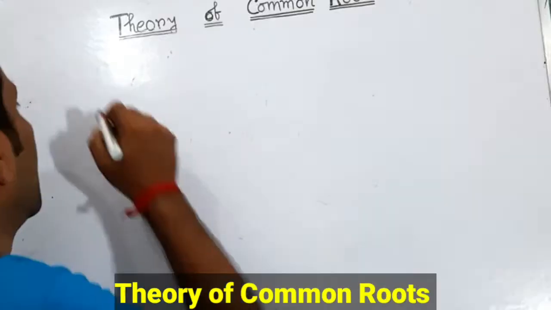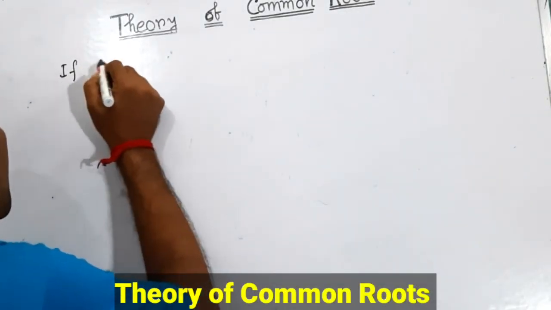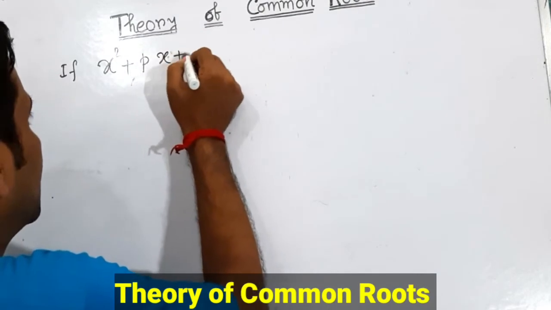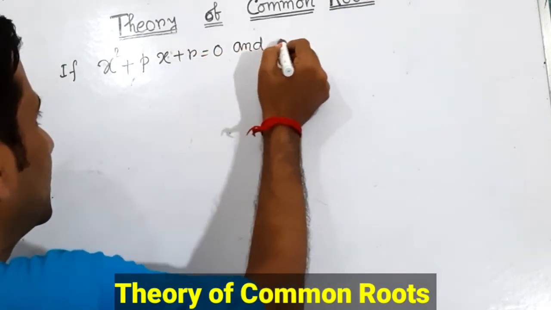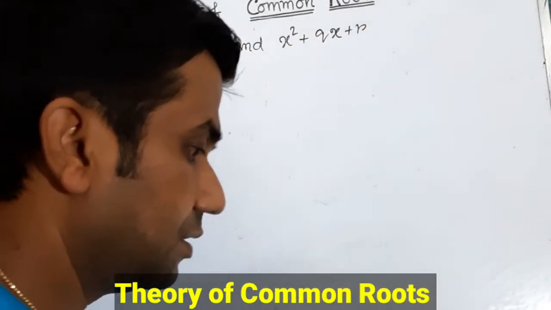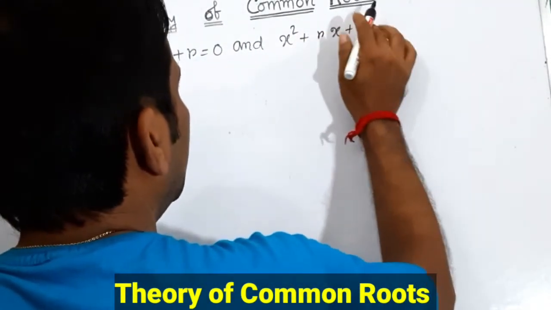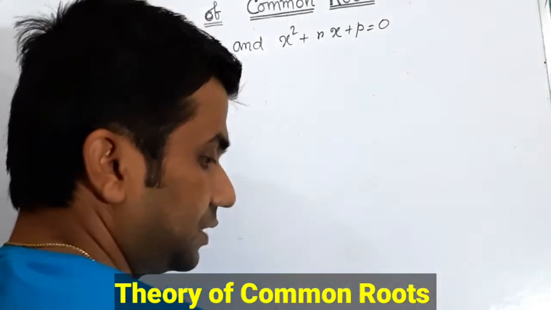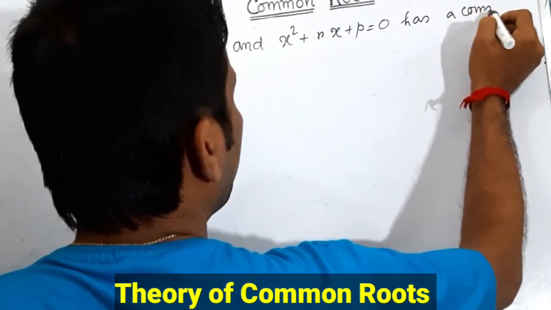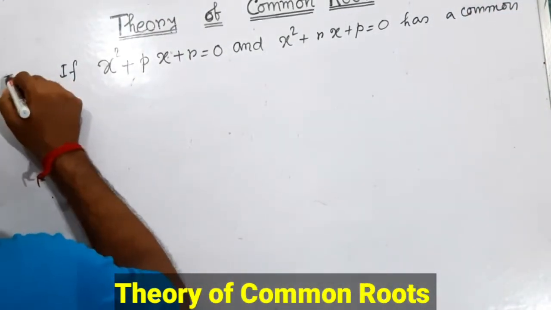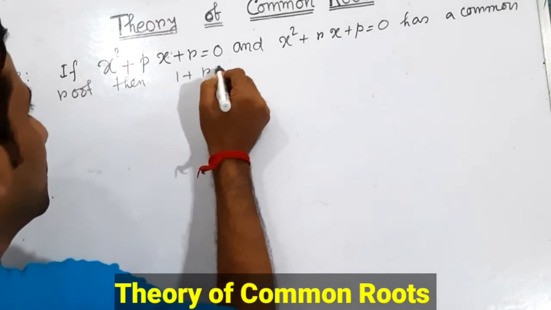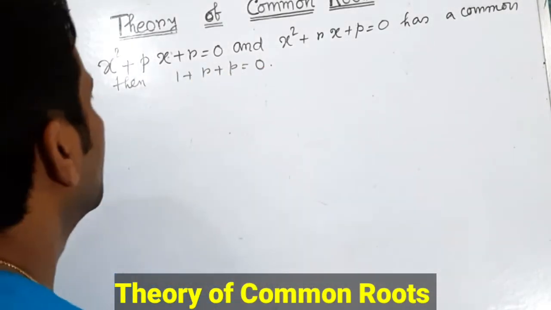Now, if x square plus px plus r is equal to 0 and x square plus qx plus r, x square plus rx plus p is equal to 0 has a common root, then 1 plus r plus p is equal to 0.